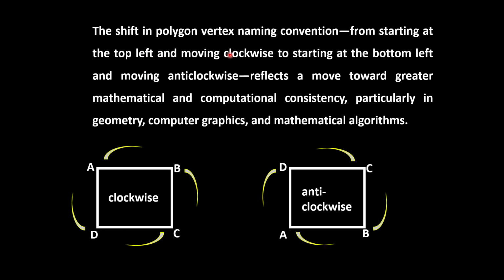So the shift in polygon vertex is actually a very scientific, a very logical move. It reflects a move towards greater consistency with mathematical and computational processes. So let us try to explore these in more detail.